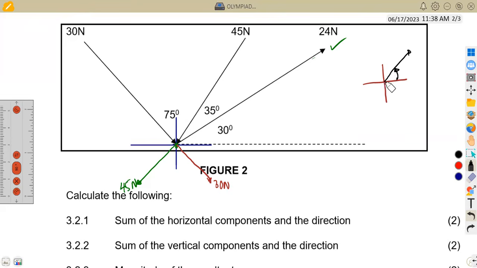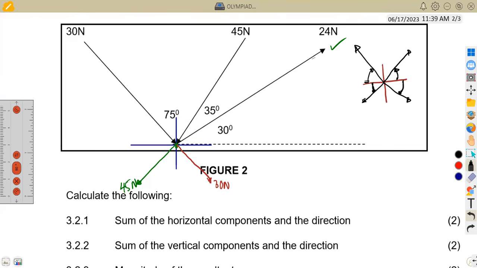So whether your line is from this part here, we are going to take from this horizontal line to it. We need the angle between the force and the horizontal line. Whether it's in this quadrant, we need the angle between the horizontal and the force. Whether it is in this quadrant, we need the angle between the horizontal and the given force. So this is the condition that you must consider.